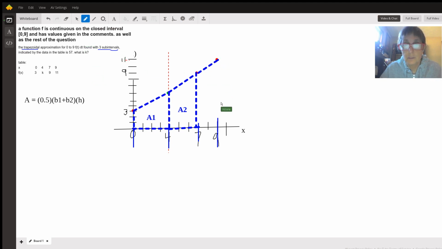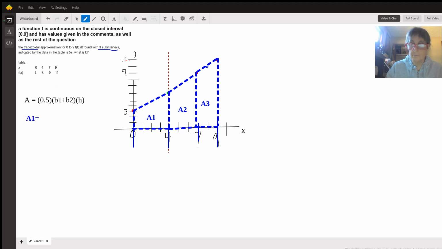I'll fix it in a minute. And here's our third trapezoid. And so we'll find the area of this trapezoid, and we'll call it area 3.